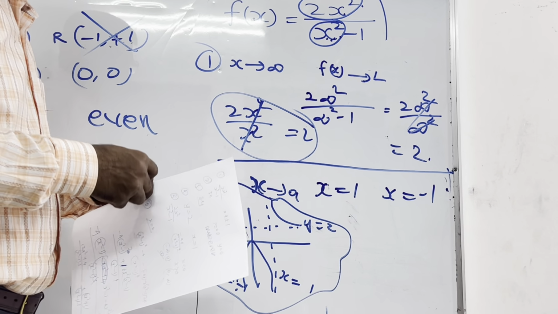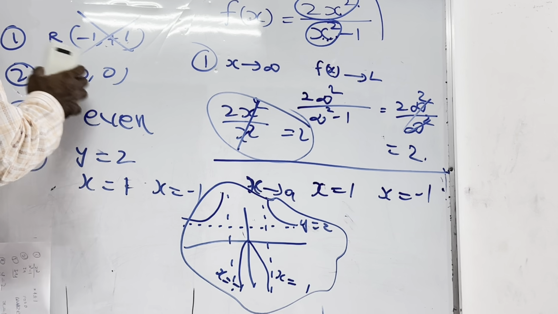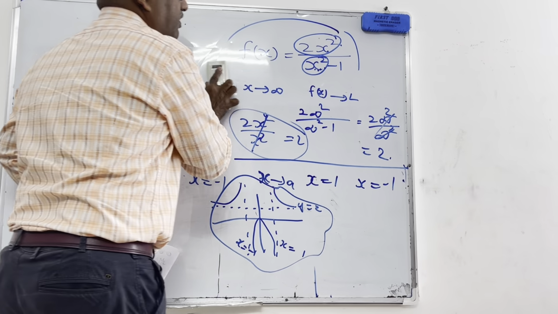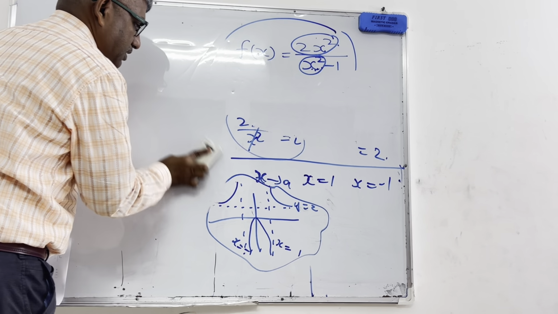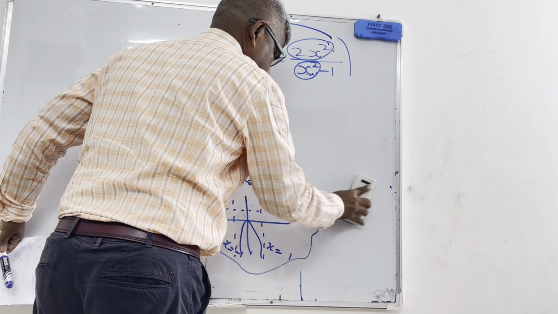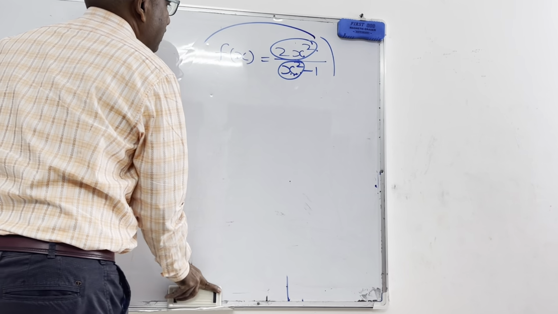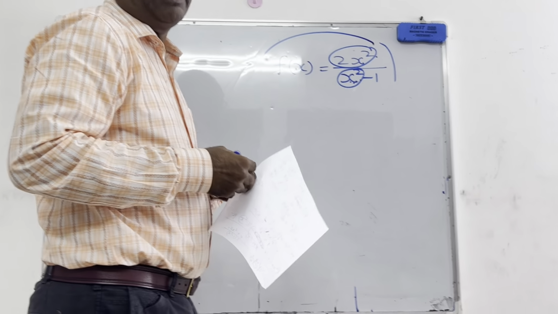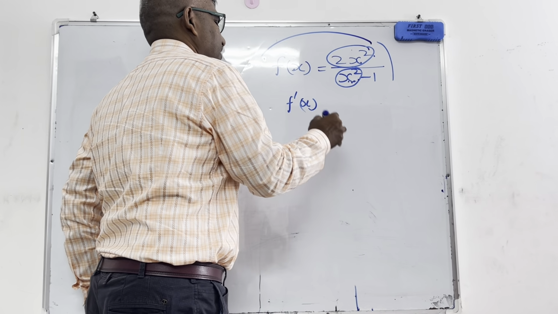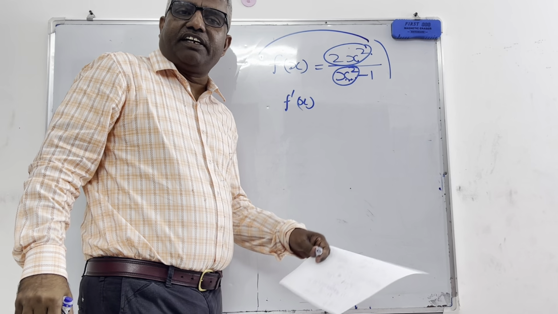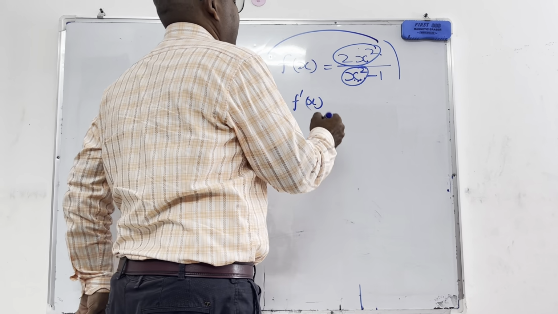Step number 5, find the intervals. How to find the intervals? Find f dash x. Intervals means intervals of increase or decrease, so we need f dash x.